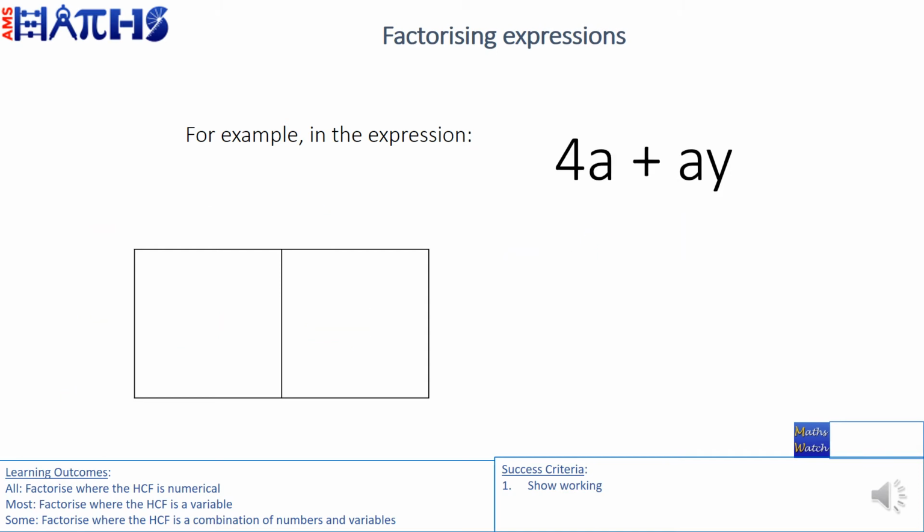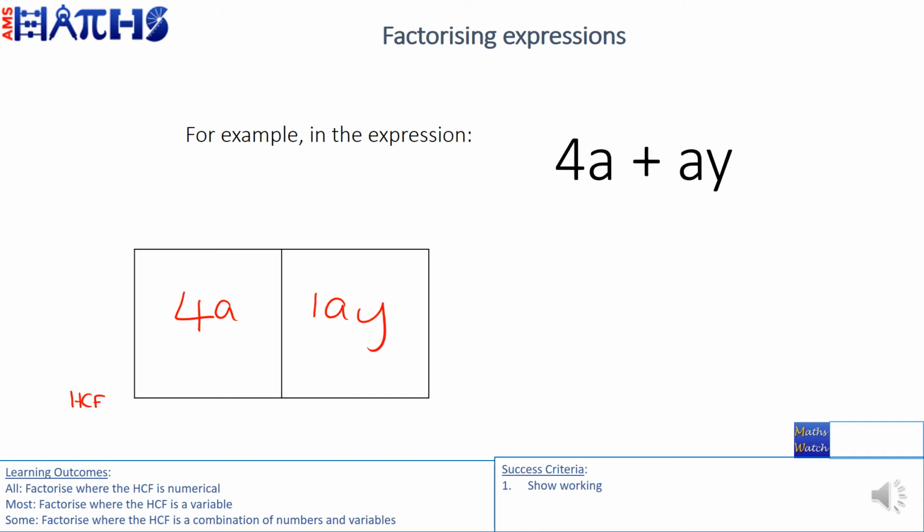Let's look at this example. So we're going to write our terms inside the grid. Right. Now we have numbers and variables combined, and we need to find the highest common factor for those. So we don't know what number is in front of ay. We know, however, that when there are no numbers, it's a 1. So it's 1ay.